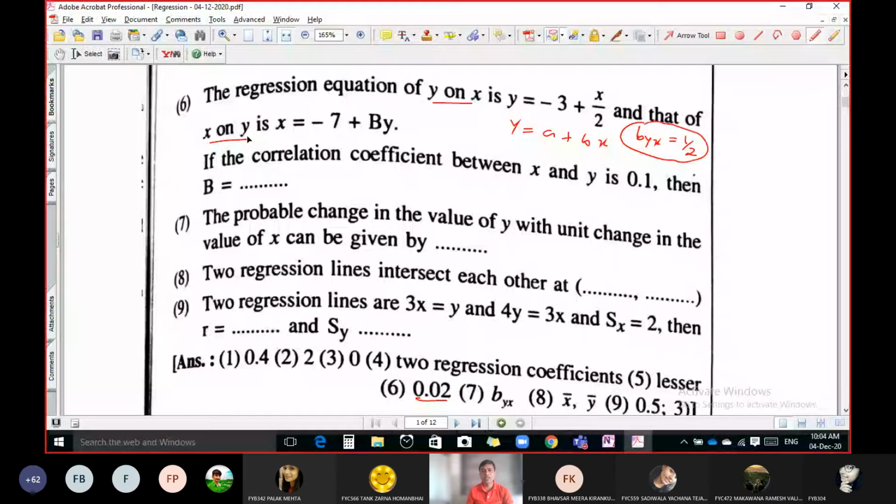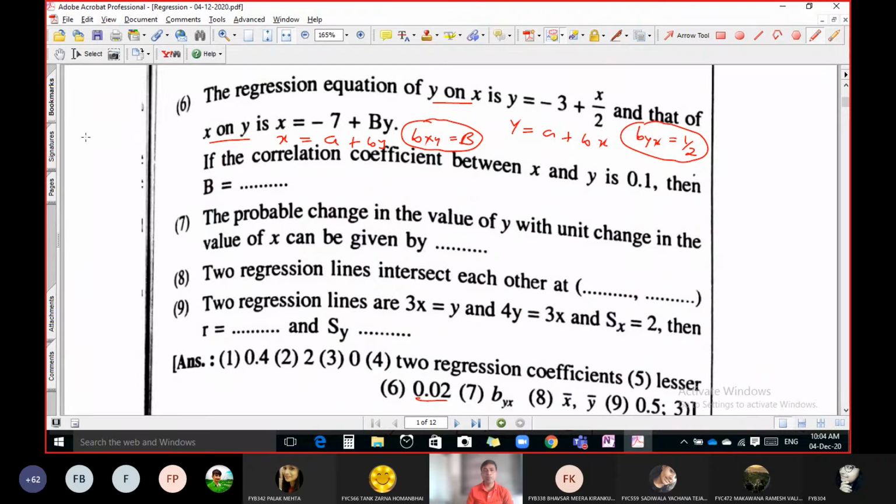Now this is the regression line of x on y. So compare that with x equal to a plus by. So here small b, that means bxy, is nothing but capital B. So now we have the values of bxy and byx. One is 1 by 2, the other one is capital B. And correlation r is given as 0.1.